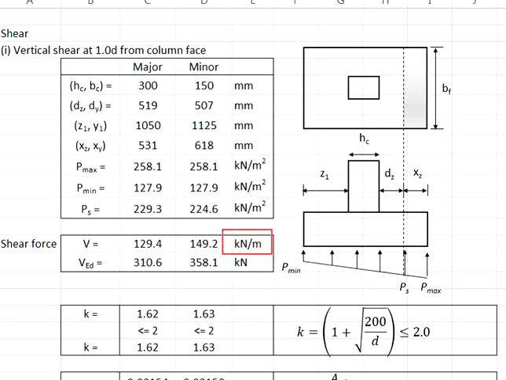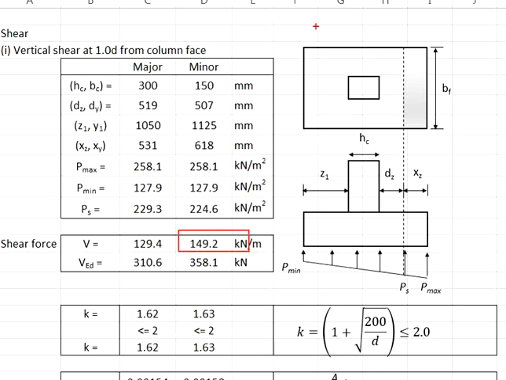This shear force appears in per unit width. For the major axis, you need to multiply this width, which is 2.4 meter. Take this, multiply the 2.4 meter, you get the shear force equals to 310.6 kilonewton. As for the minor axis, we are talking about this shear plane.